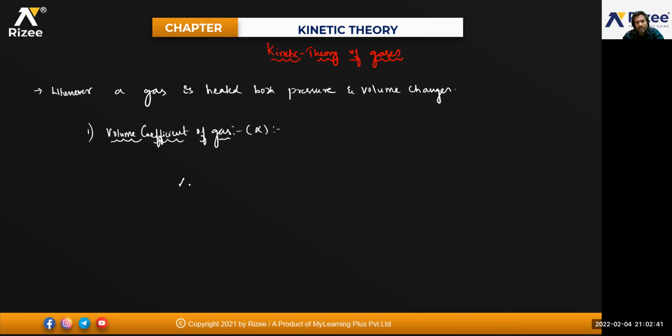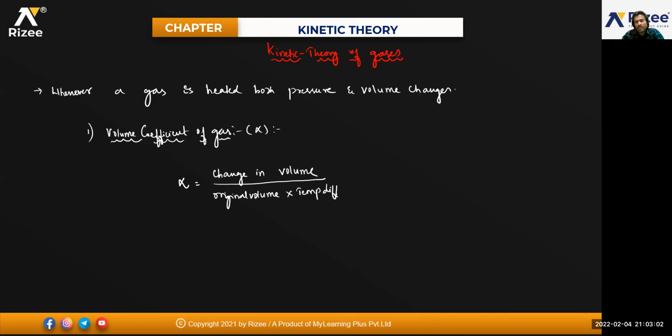So the formula for this one is alpha equals change in volume divided by original volume into temperature difference.